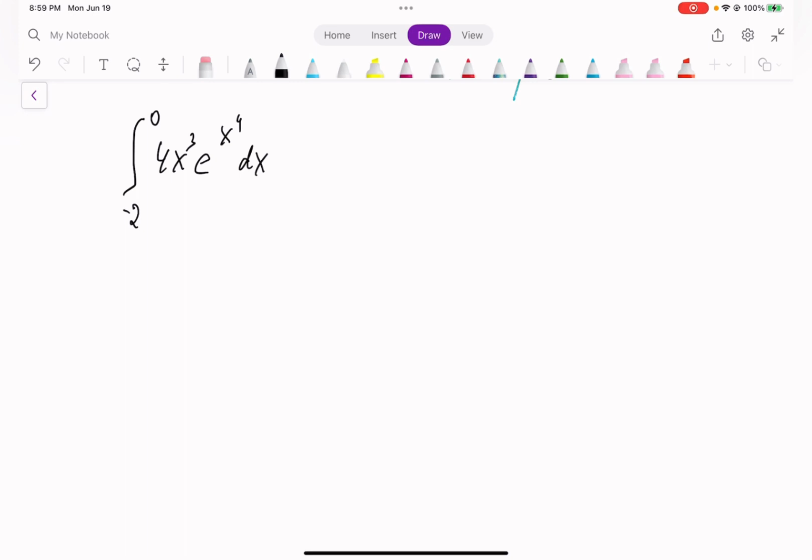Okay, so what we're going to do in this case, we are going to substitute u. It's going to be substituting x to the power 4 in this case. Do I have x to the power? Yes, let me clean this. It looks okay.